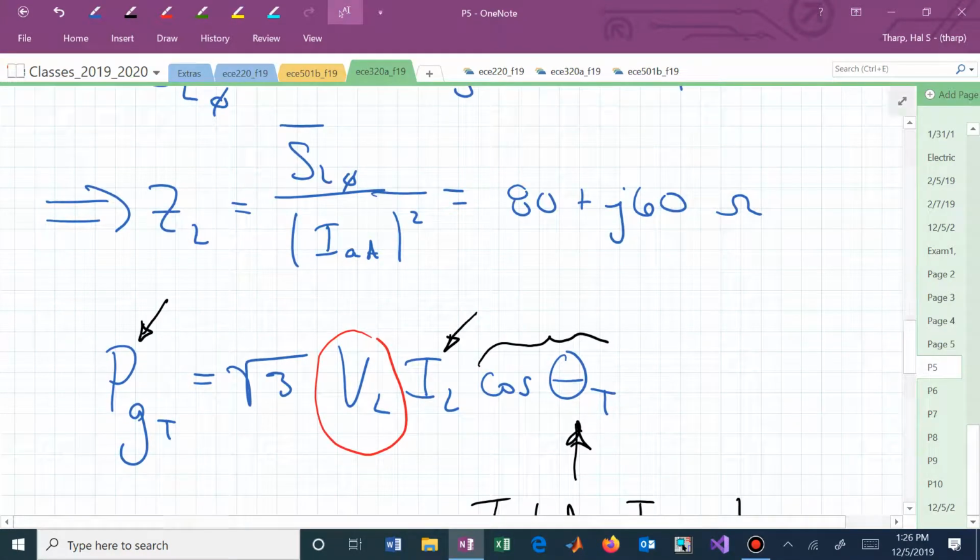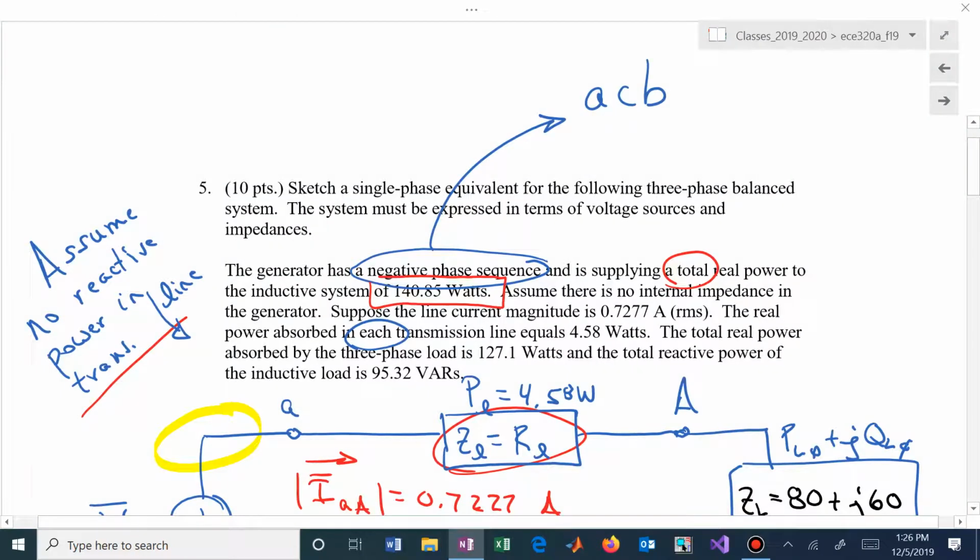What we are doing in our single phase equivalent is always this YY configuration. We know that we have this formula that is in terms of line quantities, line voltage and line current. In our YY configuration, we just extract the A phase to get our single phase equivalent. We know then that we can't give them little a, little b voltage, which is what V line is.